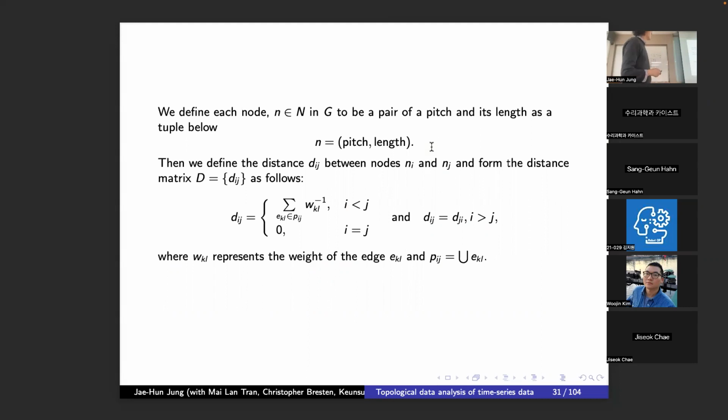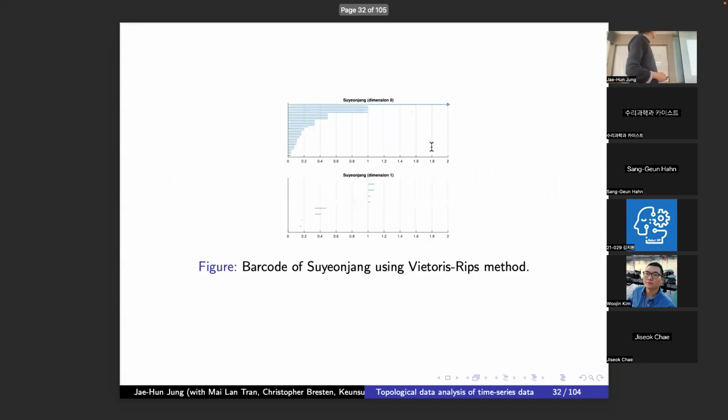And then this is how they define the distance between, for example, N3 and N2 and 1 and 0. If they are not directly connected, then you have to find the minimum path between these two and then add the distances. So this is how you define the distance. Okay, so then you have a point cloud, right? And with the metric distance, this is a 0-dimensional barcode, and this is a 1-dimensional barcode. If you look at this 1-dimensional barcode, we have 8 elements: 1, 2, 3, 4, 5, 6, 7, 8.